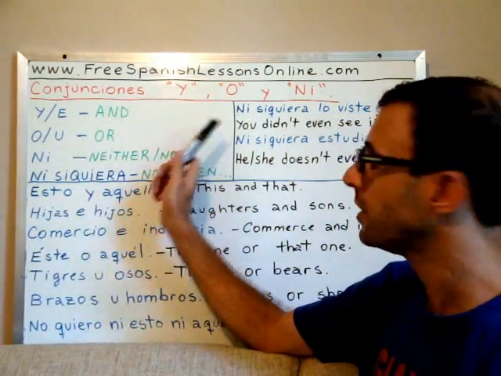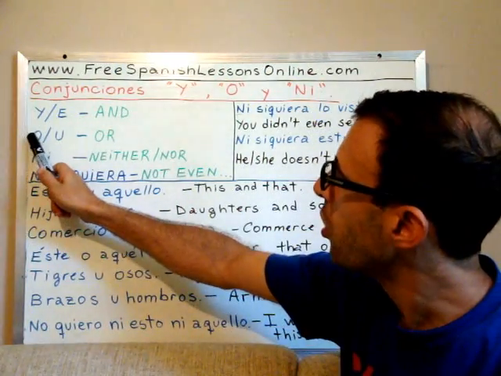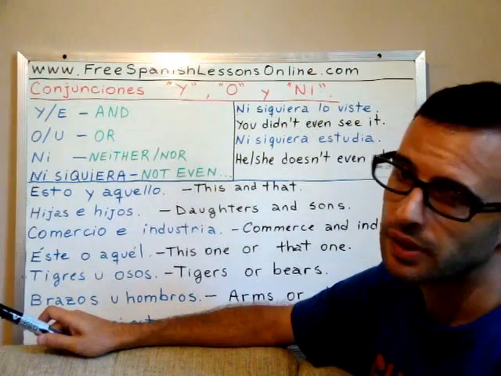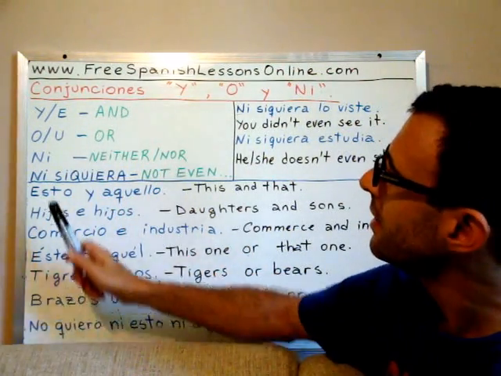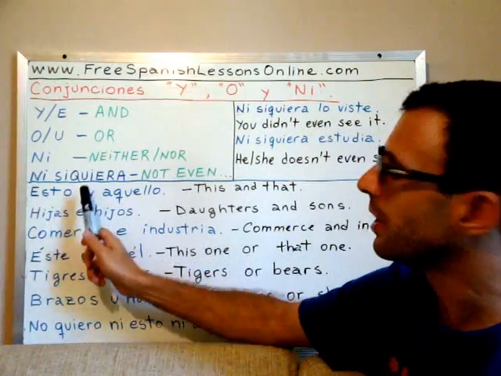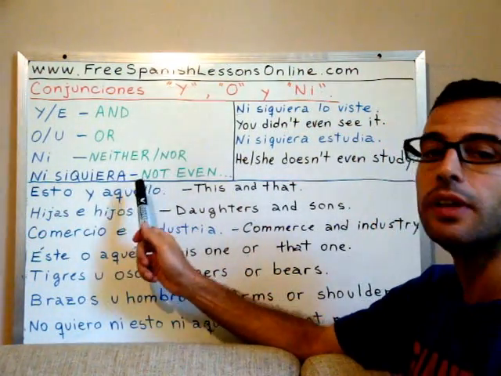I will show you when the e is used. For or, we use o or u. Then ni is neither or nor, and ni siquiera, right? It's a special use of the word ni. Ni siquiera means not even, okay?